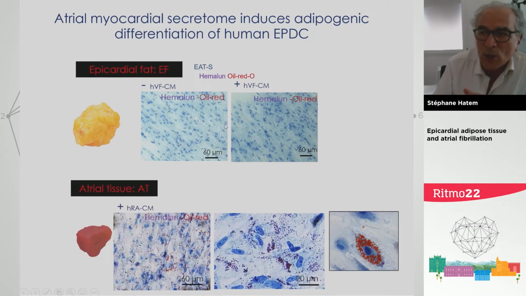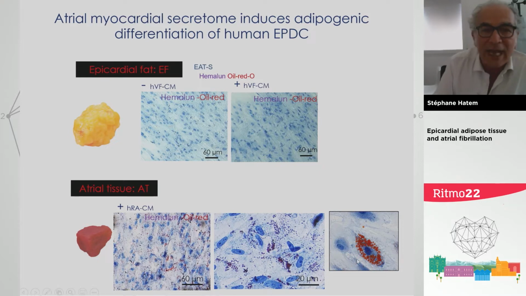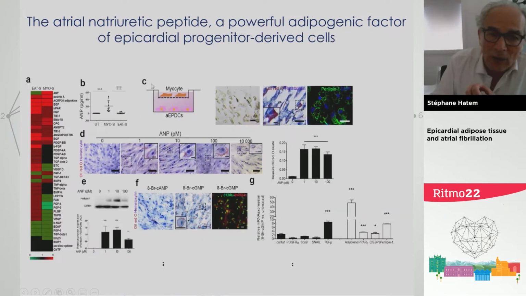In contrast, when you take atrial tissue that also has its own secretome and apply it to progenitor cells, you induce a massive adipogenic differentiation. So what we tried to do is to identify which factors secreted by the atrial myocardium can induce the differentiation of epicardial cells into adipocytes.